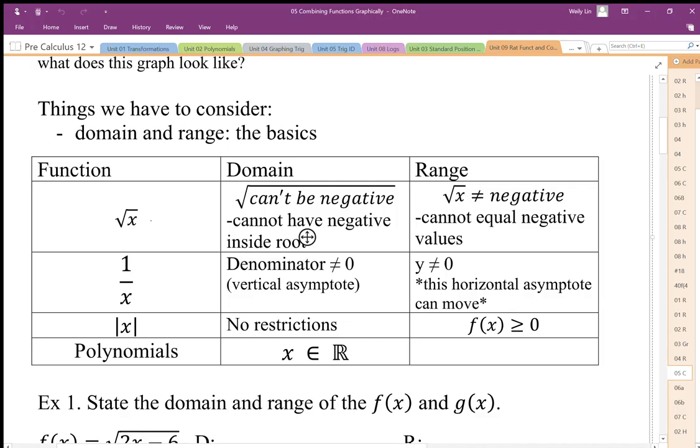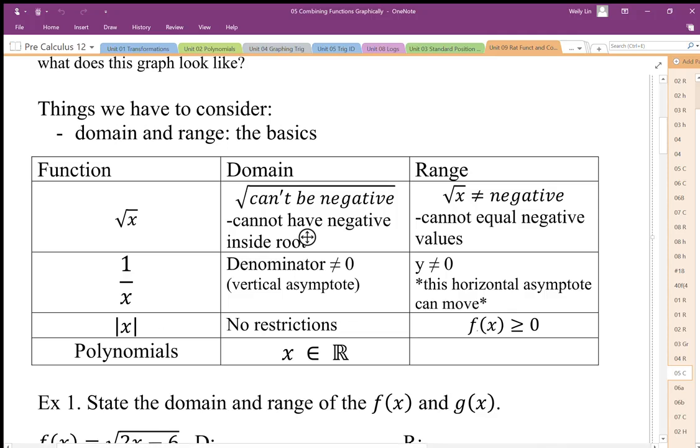So for example, when we talk about square root, we can't be negative. The square root cannot be negative, so the square root y values are only positive. When we talk about 1 over x functions, the y cannot equal 0, and we end up with horizontal asymptotes. And that horizontal asymptote can actually be a position that can be moved around.